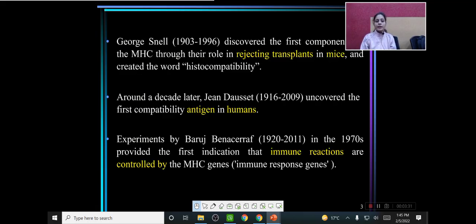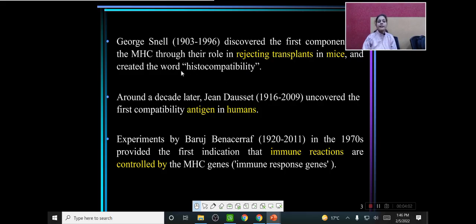So the scientist who first discovered this rejection of transplants, or histocompatibility, was George Snell. George Snell, in 1903 or 1996, discovered the first component, the MHC, through its role in rejecting transplants in mice, and created the word histocompatibility.